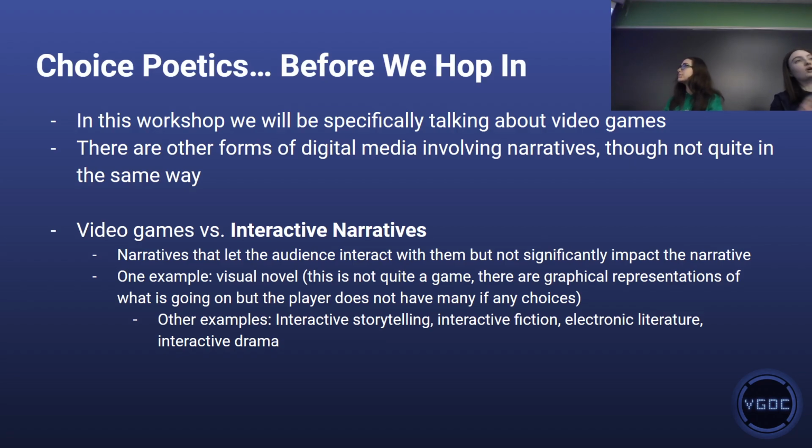An umbrella term is interactive narratives, which are narratives that let the audience interact with them, but not significantly impact the narrative in that world. One example is the visual novel, a fantastic piece of media. It's a great storytelling device, but this is not quite a game. There are graphical representations of what is going on, but the player does not have many, if any, choices.